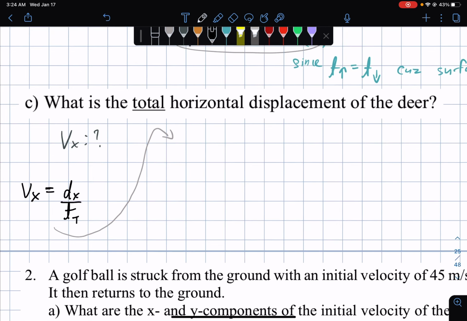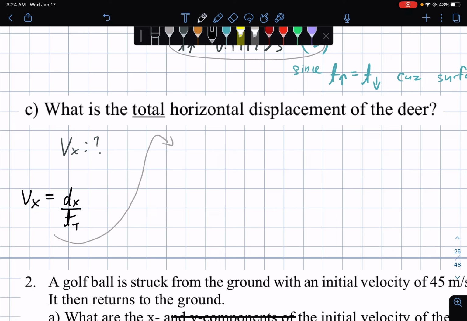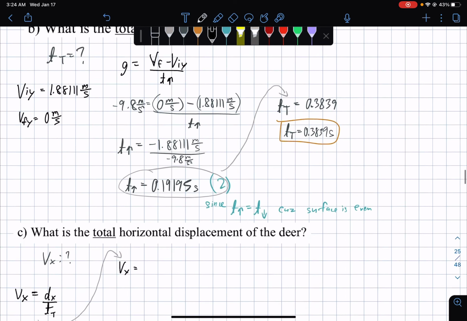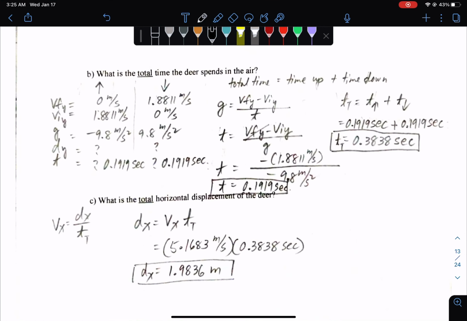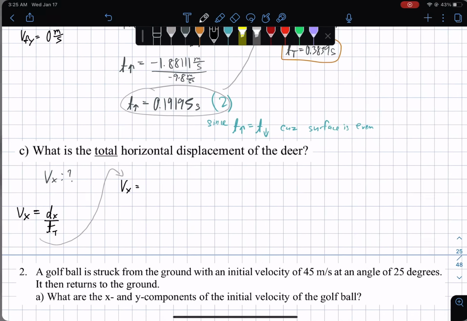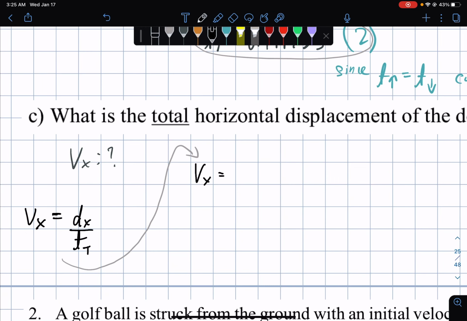I don't know. What is your total horizontal displacement? Okay, what is the dx? Dx, I suppose, is the total distance. Is it? Oh, wait. Never mind. I have to label each variable.